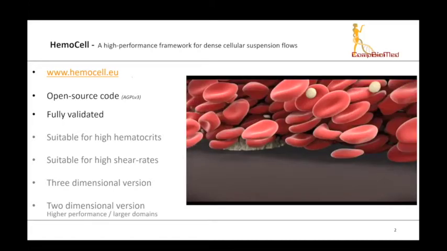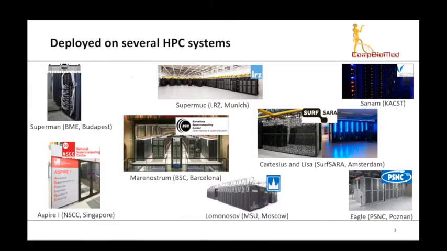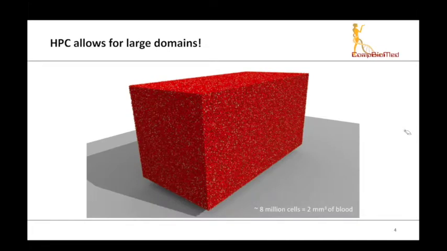Now, this HemoCell package has already been deployed on a number of HPC machines. The one that we are going to use today is a SURFsara operated machine, which is located in Amsterdam. Now, the question might arise, why do we need HPC machines for this particular code?